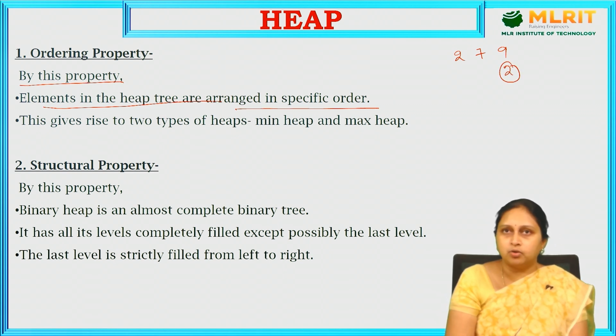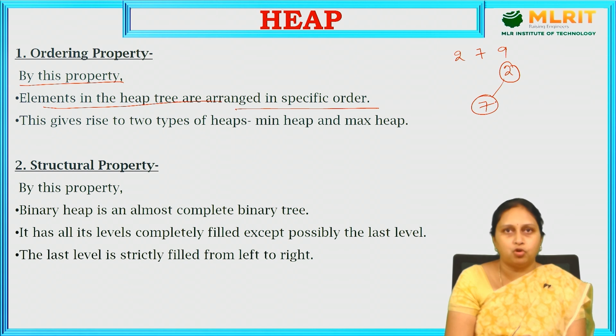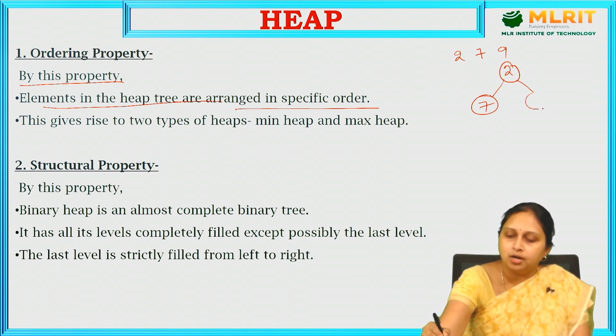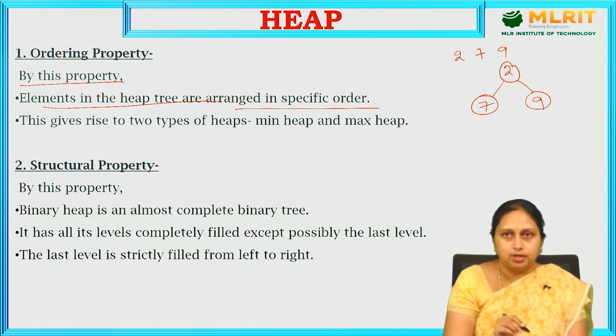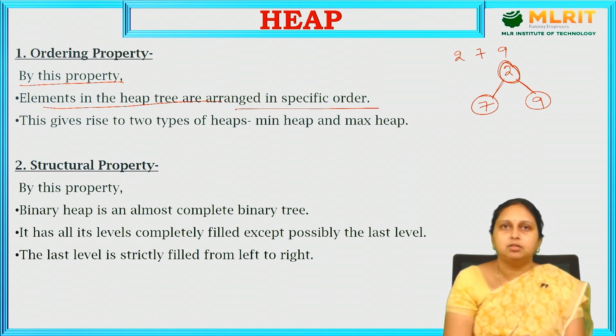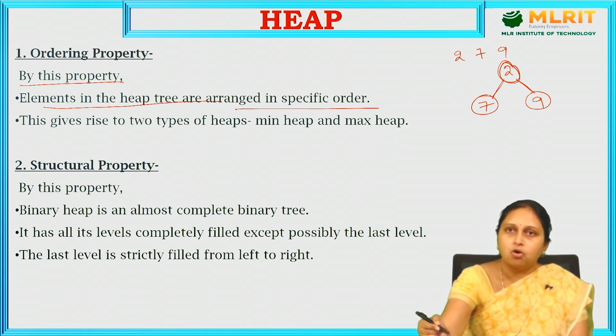This is one node, and if I want to insert another node, it should be inserted as the left of it. And if I want to insert one more node, it should be inserted on the right of it. Why? Because a particular node consists of only two children. That is the property it has to satisfy for a binary tree. And this is the specific order we need to follow.